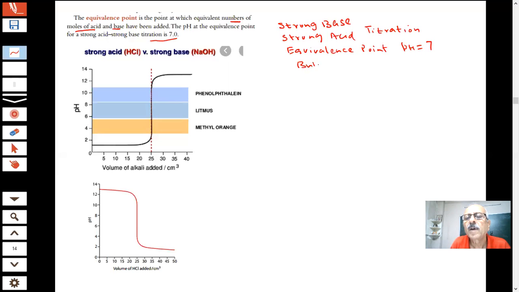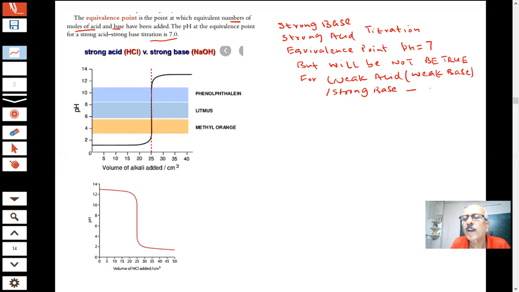But this will not be true for weak acid, weak base, weak acid and strong base, etc. titration. The answer will not be the same. Why, that we will tell you. That was your question. It will not be 7.